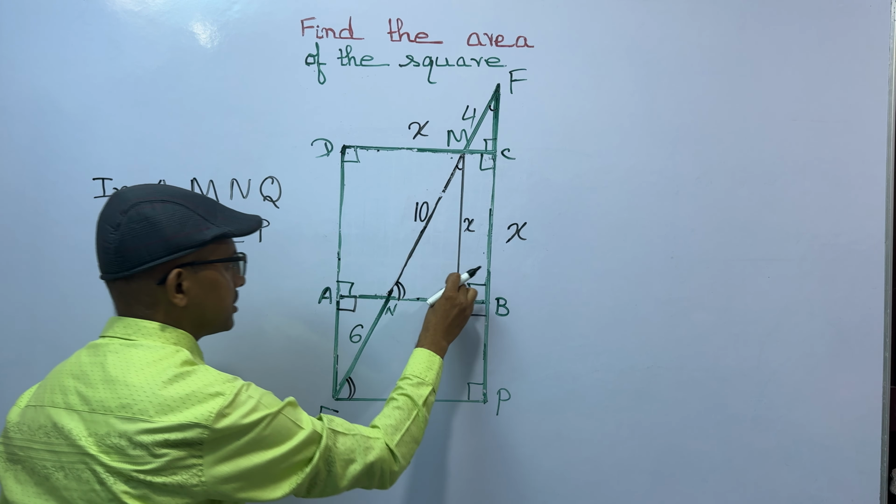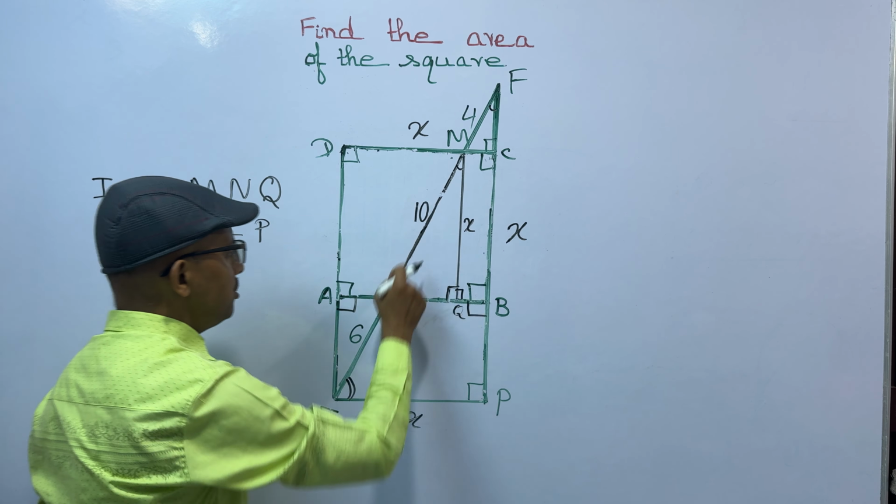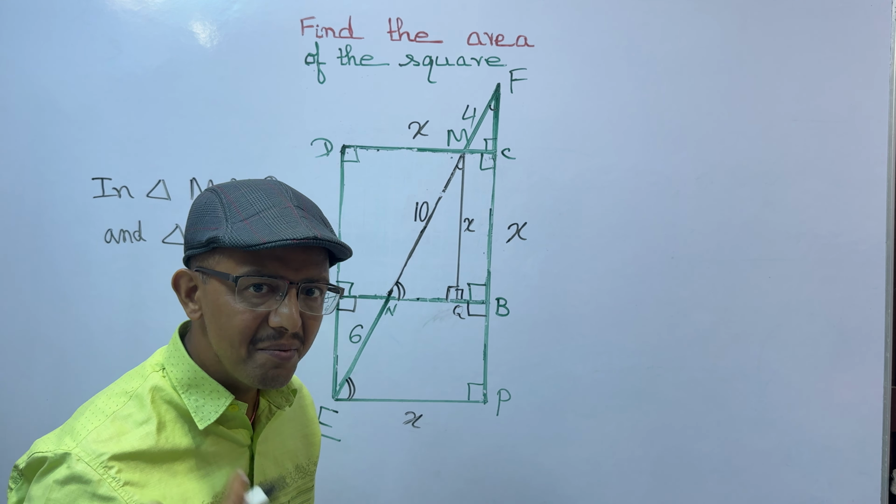And of course, this angle and this angle have to be equal. They measure 90 degrees each. All the three angles are equal, then we say that the two triangles are similar.